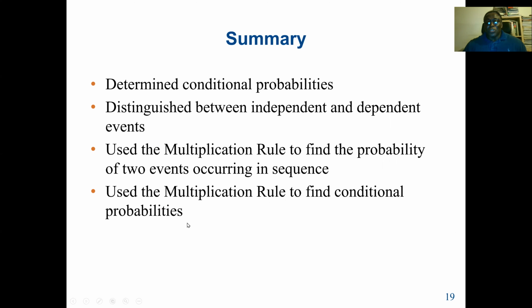For example, probability of A and B is probability of A times probability of B given A. Again, they follow the multiplication rules and also the conditional probability.